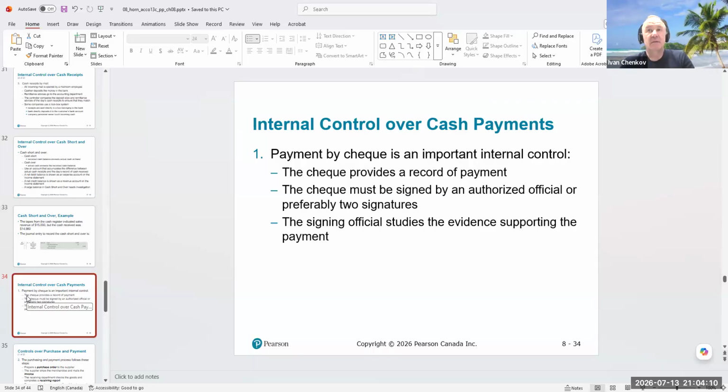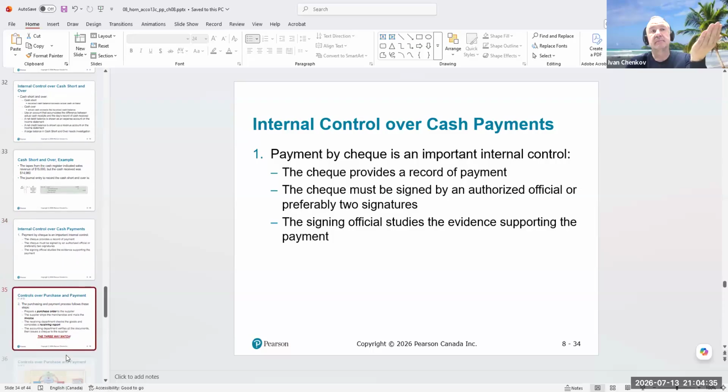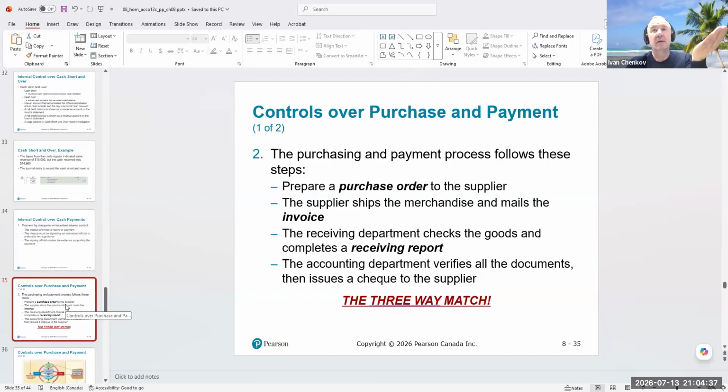A check must be signed by authorized officials, ideally with 2 signatures. Whoever signs the check will have supplemental documents attached to see why I'm paying and to whom I'm paying.